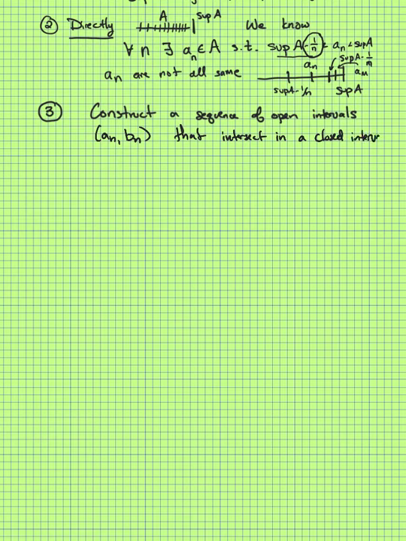Okay, so again, maybe I'll do some more possibilities here, but just for an explicit example, we could just look at negative 1 over n, 1 over n. That's perfectly good. The intersection of these is just 0, which in particular is the closed interval 0 to 0.